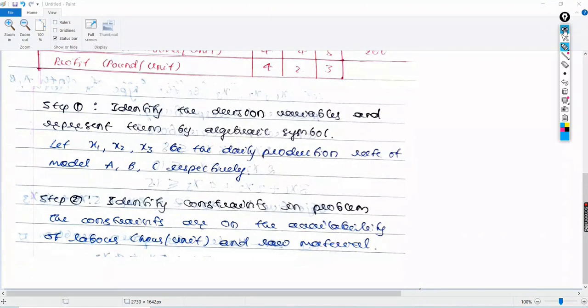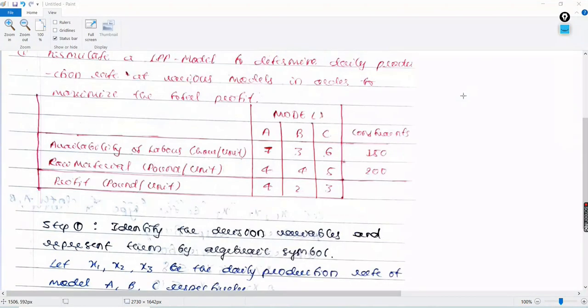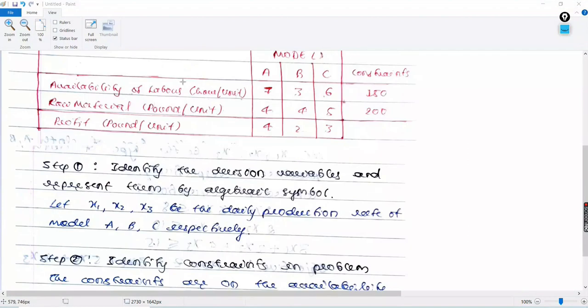What are the decision variables? x1, x2, x3 are the daily production rates of the models A, B, C respectively. It means that whatever model there is, I need to produce it, so I take x1, x2, x3 as variables for model A, model B, model C. The constraints, 150 and 200, should not be exceeded.